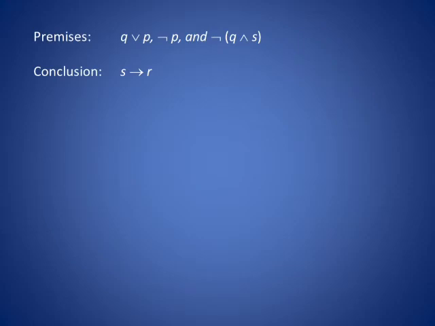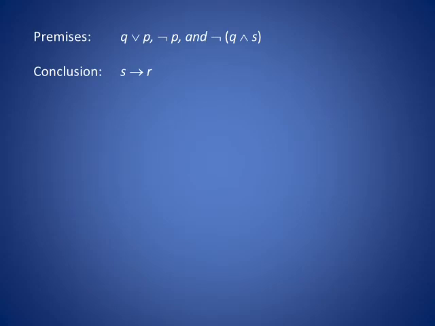The premises that we will be allowed to use are the three premises that are given together with the conditional premise S. From the first two premises, we see that since at least one of Q or P must be true and P must be false, then Q must be true.